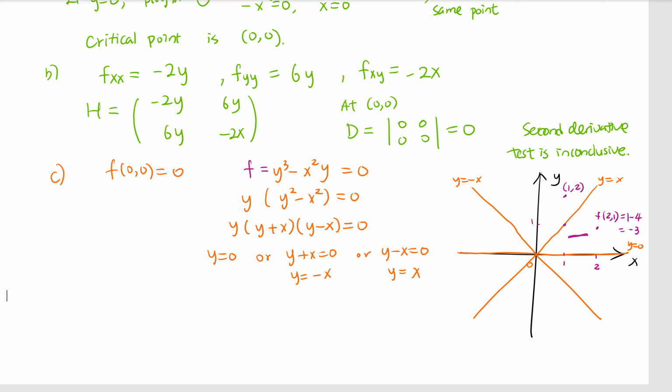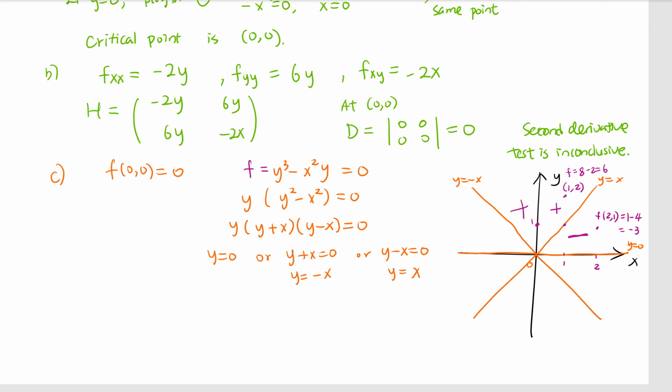When we plug in that, f of 1, 2 equals y is 2, 2 cubed is 8, minus 1 squared, 1 times 2, so 6. See, it's 6. So it's positive, so good. So this region and this whole region are together, and we know that the whole region is positive.